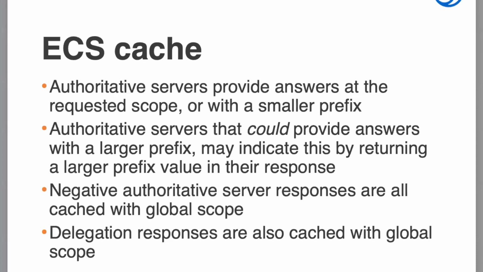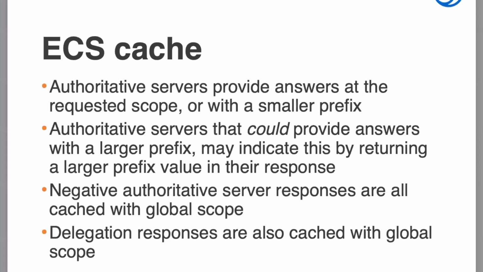It might give you an answer with the scope that you asked, or it might not. What is being put in cache is what we got from the authoritative server. So if the authoritative server gave you something with a less specific answer, so a smaller scope, then we're going to put that in the cache, not what we asked for. Because we know that we can use that same less specific scoped answer for more clients. And so we're going to keep that one, because why query again when we're just going to get the same answer?